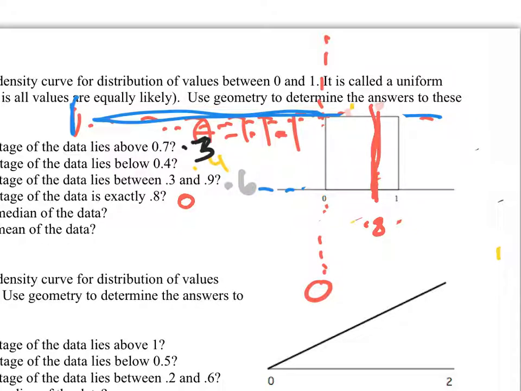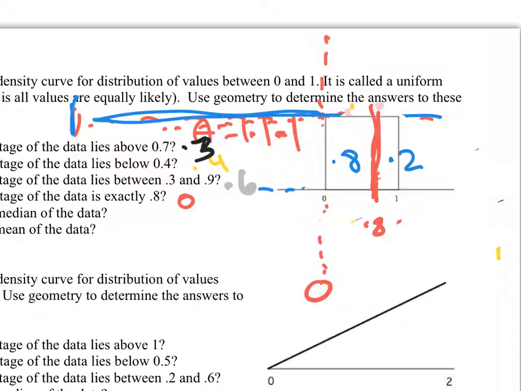What's the area to the left? 0.8. What's the area to the right? 0.2. What do they add up to? 1.0.